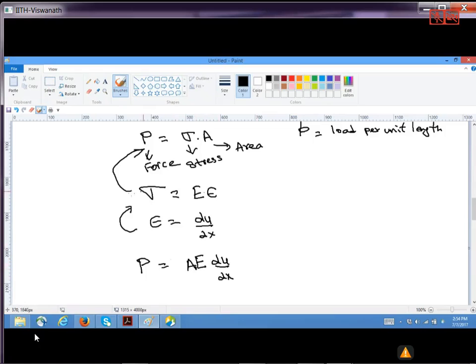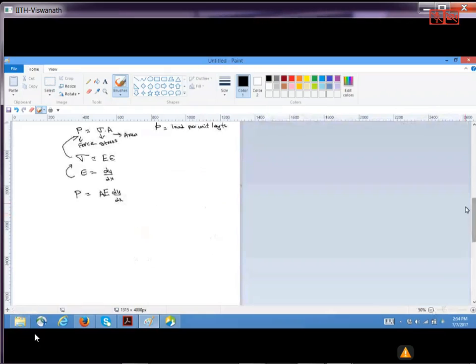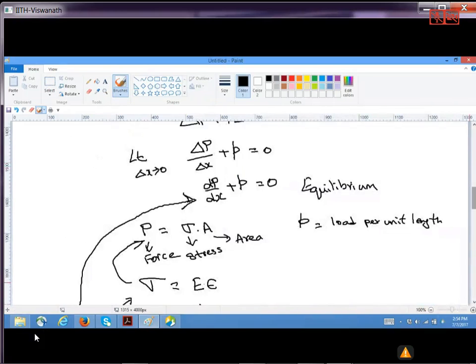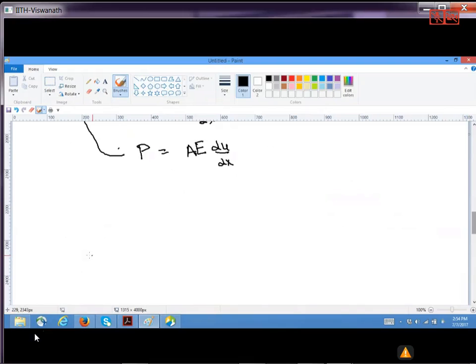And if I put this into the equation, then I can write d by dx of P, P meaning AE du by dx, plus small p is equal to 0.